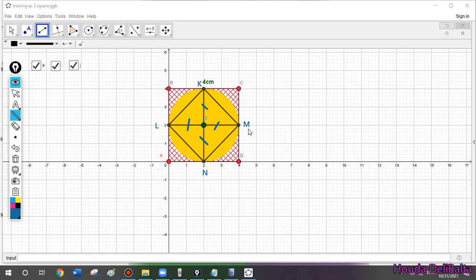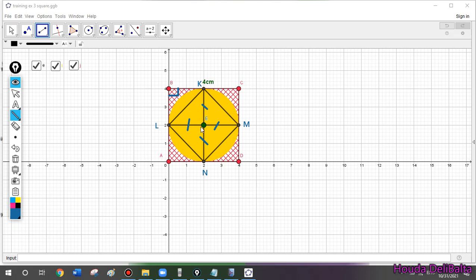We still have to prove that these diagonals are perpendicular. If you notice, KN is parallel to AB or is parallel to CD. So KN is parallel to AB, LM is parallel to BC or parallel to AD. But now if I take BA and BC, they make a right angle because, as you know, the vertex of the square is right.